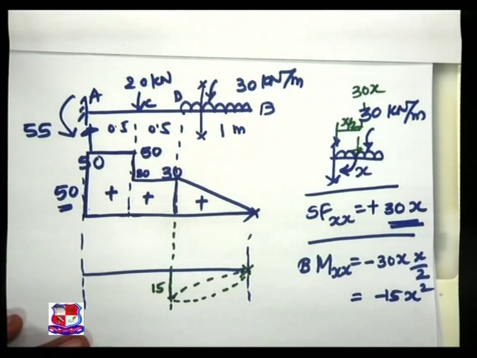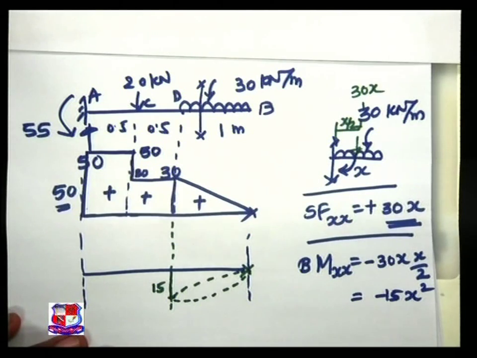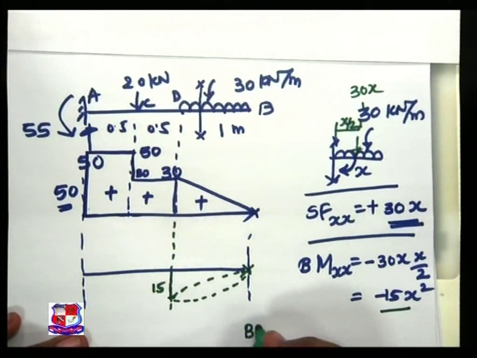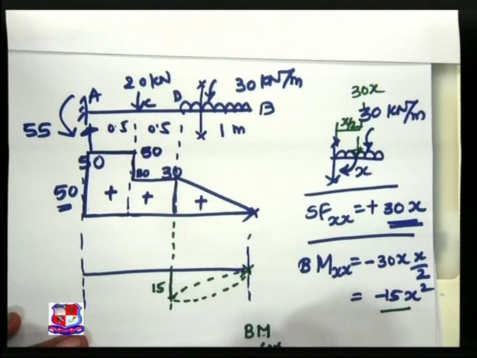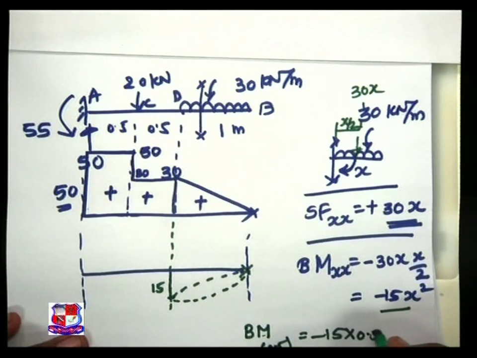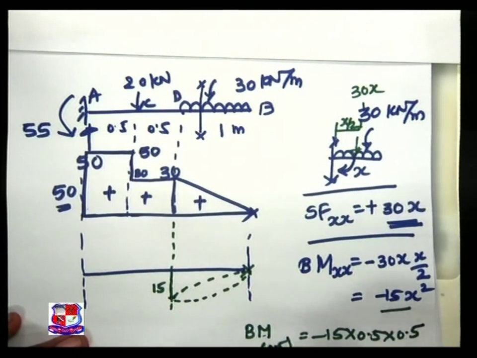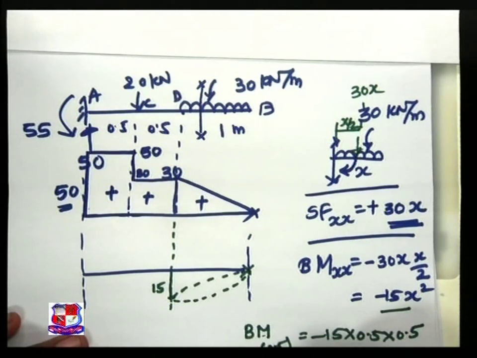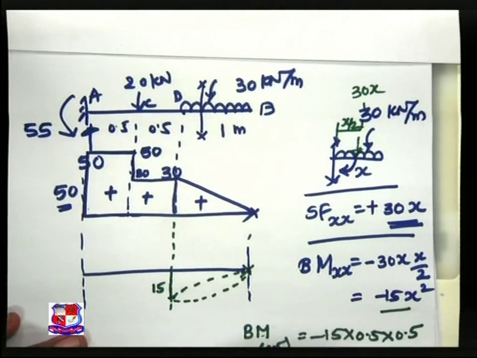For that, let us take an intermediate point that is of 0.5 meter. BM at 0.5, that is of minus 15 into 0.5 into 0.5, and this comes to be minus 15 by 4.